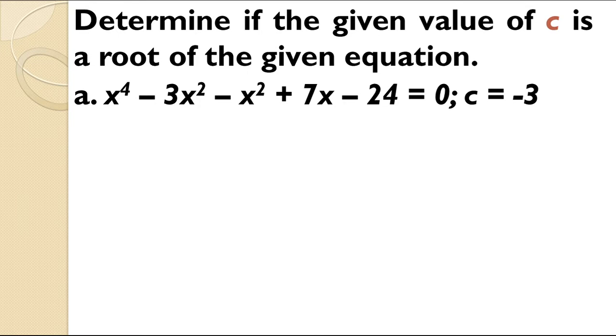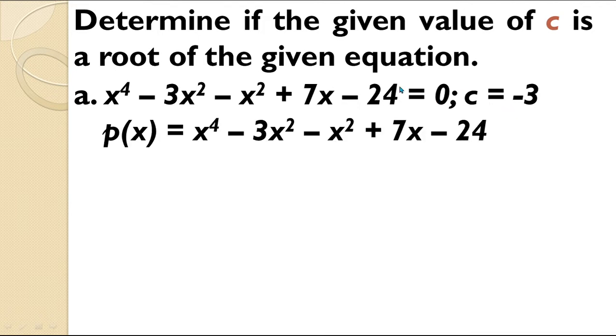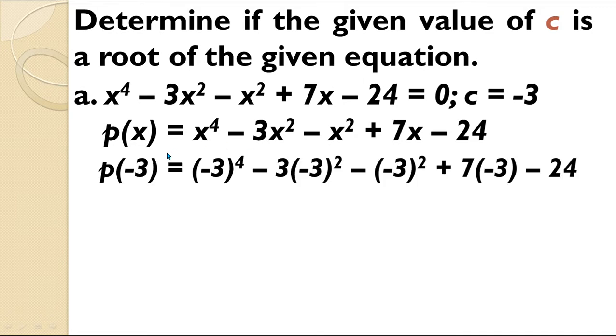So the first given is x raised to 4 minus 3x cubed minus x squared plus 7x minus 24 is equal to 0. And the given value of c is negative 3. So substitute the value of c and simplify.